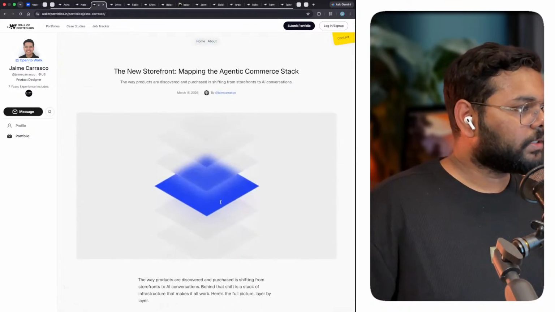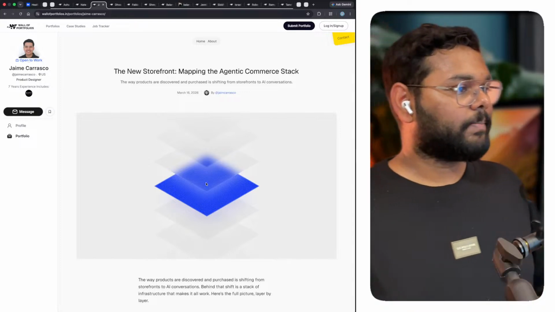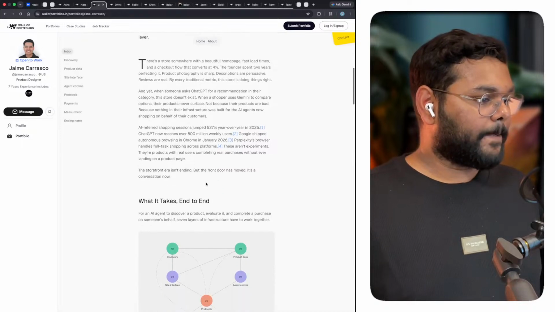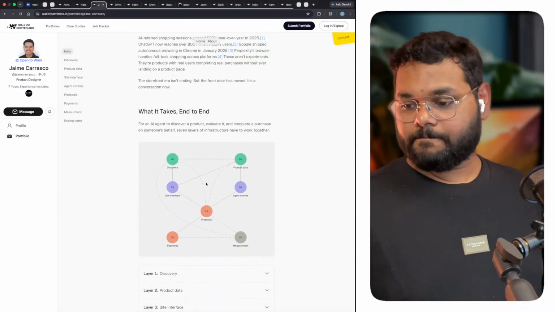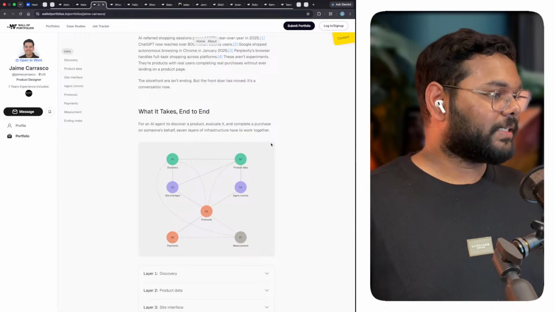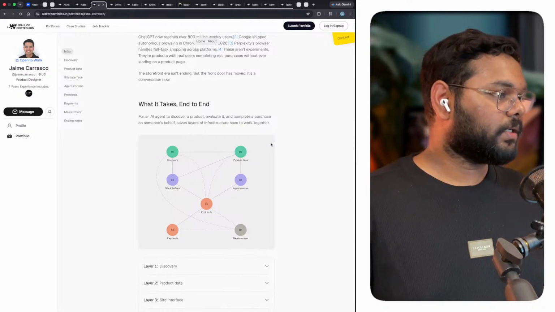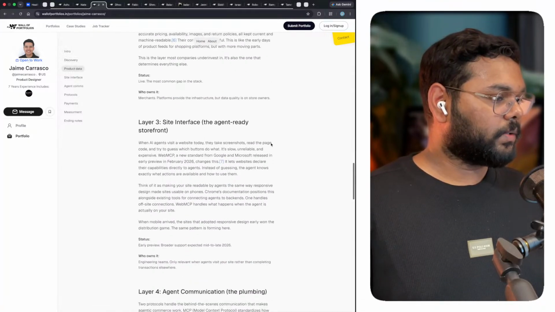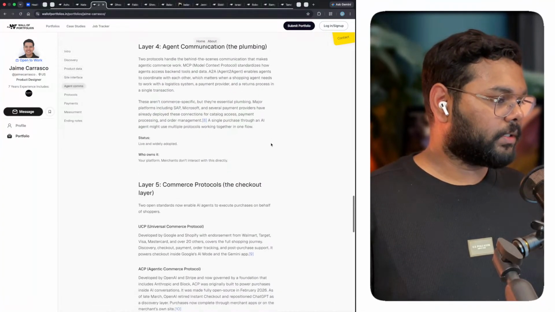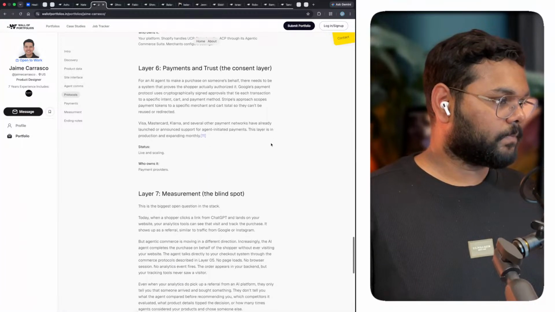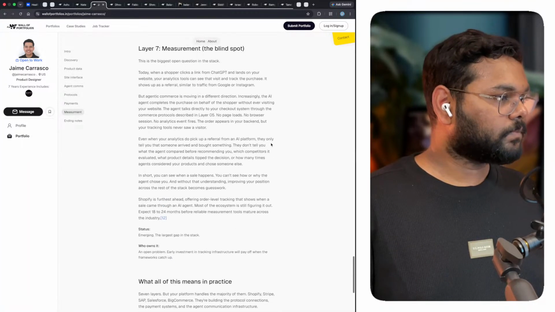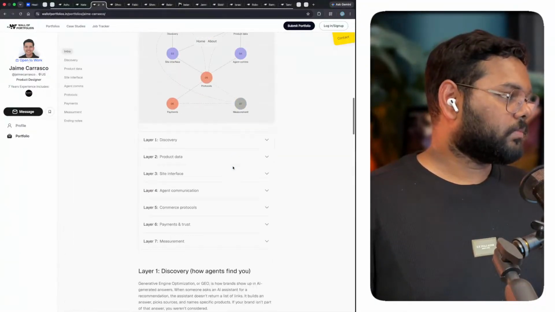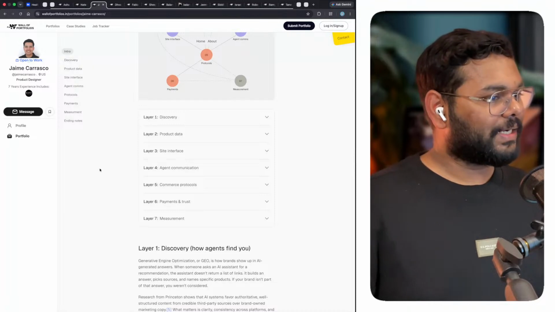Okay, this is a new storefront mapping the agentic commerce stack. Okay, layer 2, layer 3. Okay, so the structure, again, the quick links work.